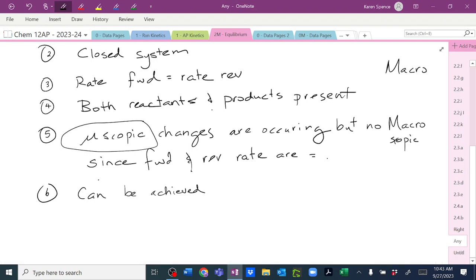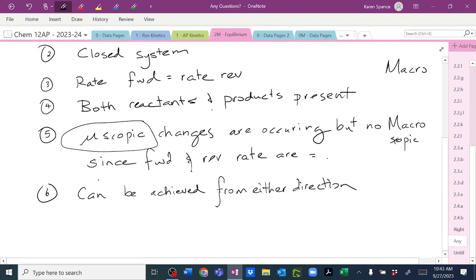Like I said, if you've written the reaction so that B is the products and you put some B in the system, then you can approach it from the products. So, yeah, whatever. Okay, excellent.